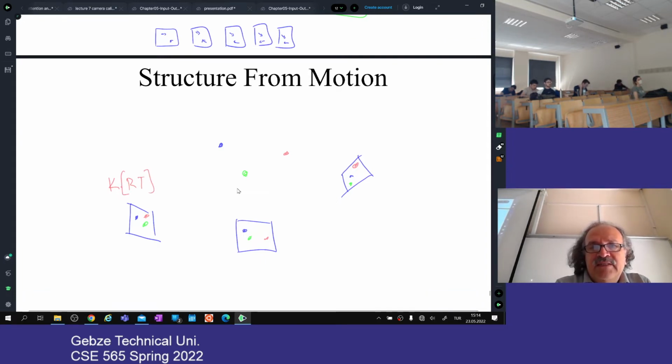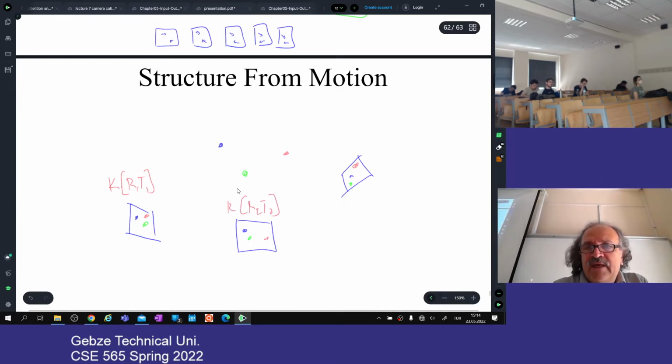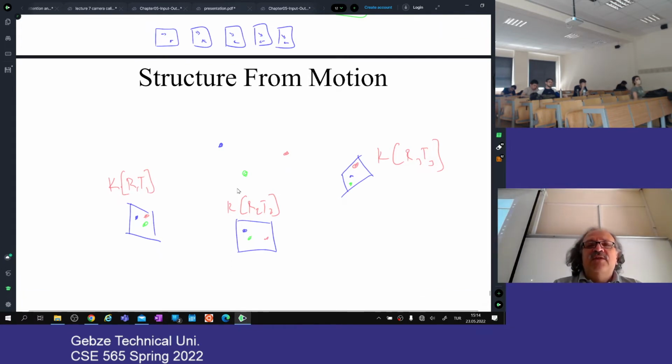This is K R1 T1, K R2 T2, and K R3 T3. So 3 matrices. Their K intrinsic parameters are the common thing, and I know the correspondence between these because I have calculated the optic flow vectors.